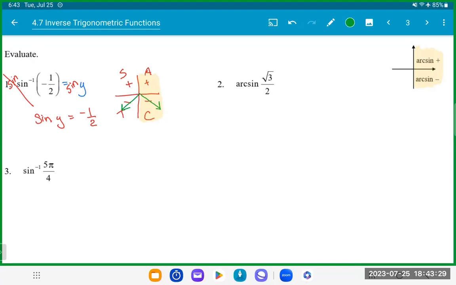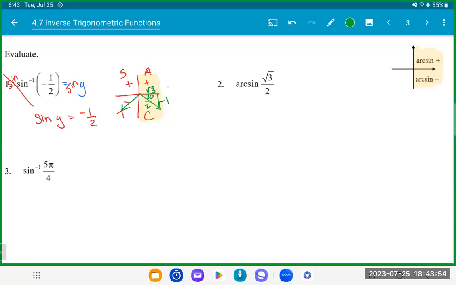So what is -1/2? That sine is my opposite, which means my y value is this -1 and my hypotenuse is 2. Therefore, this here has to be the square root of 3, meaning that this here is 30 degrees.